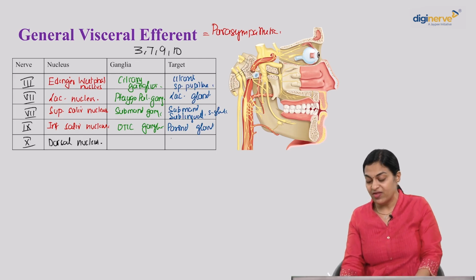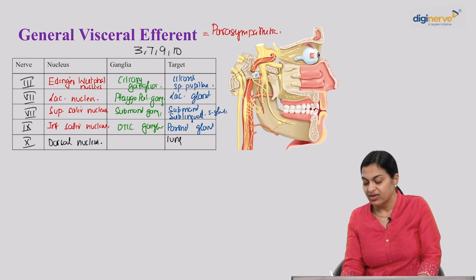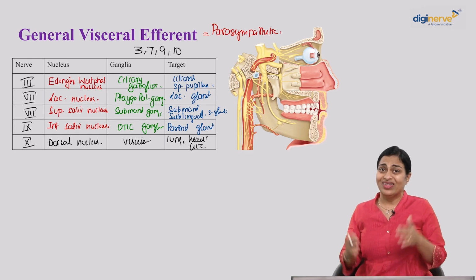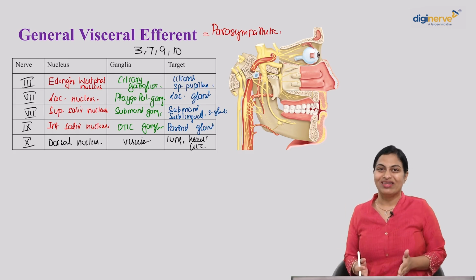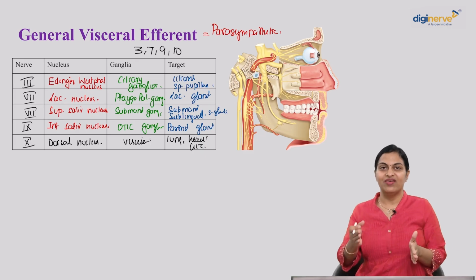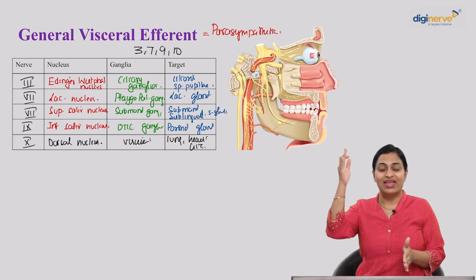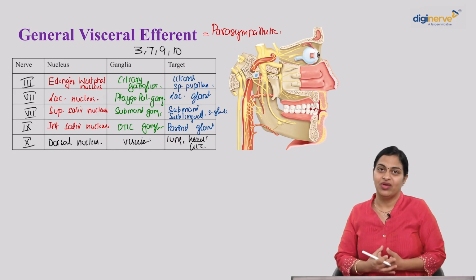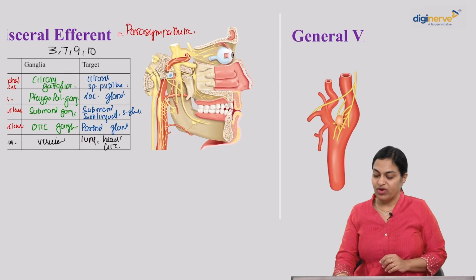They innervate the parasympathetic fibers, they reach the lung, heart and GIT. The ganglia is situated close to the viscera. This table is again important. The name of the cranial nerves, the nucleus, the ganglia and the target. Okay, lot of MCQs can be framed around this topic, highly important.